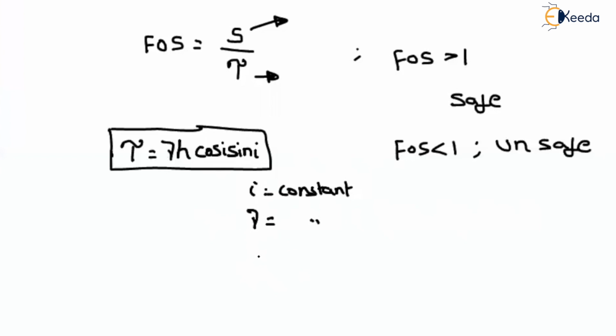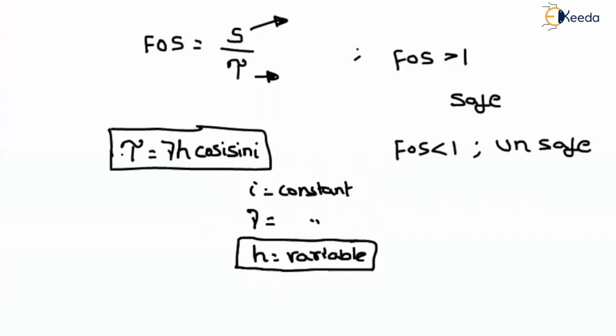But what is the variable parameter here? Your h will be variable. That means if you keep on increasing the depth below the ground surface, then your shear stress will increase. So if your shear stress is increasing, then there may be a probability that chances will occur for failure. For the factor of safety, we will compare it with the shear strength, and wherever this shear strength is coming less than the shear stress, then we say that at that point failure will occur. Okay, thank you.